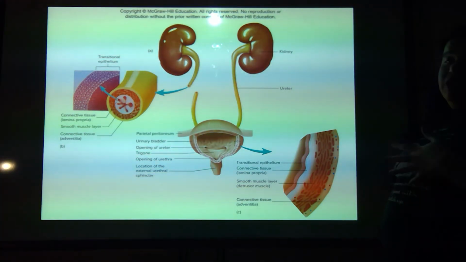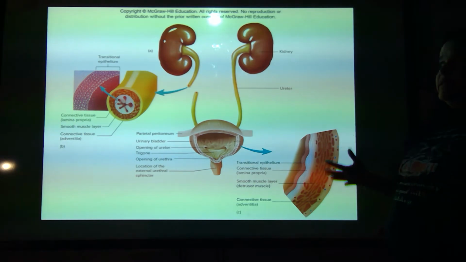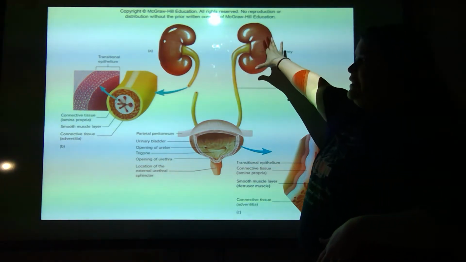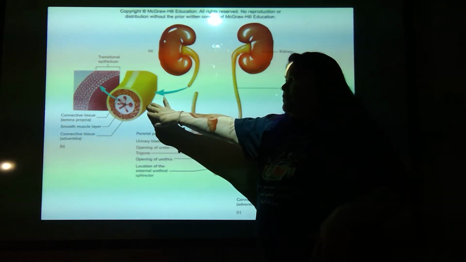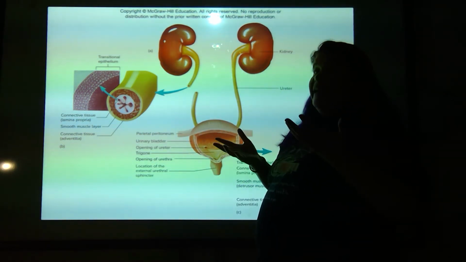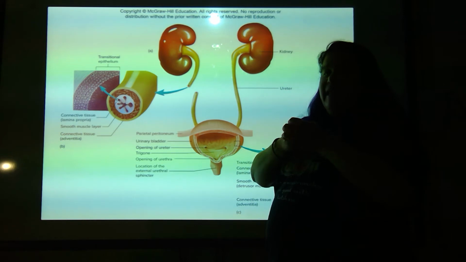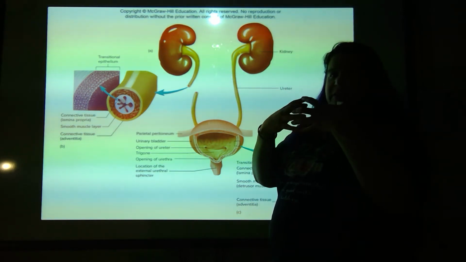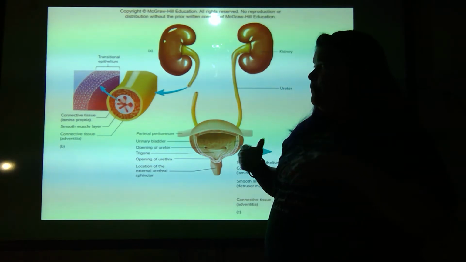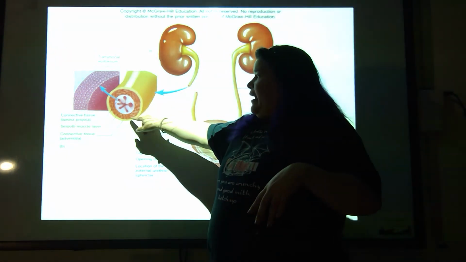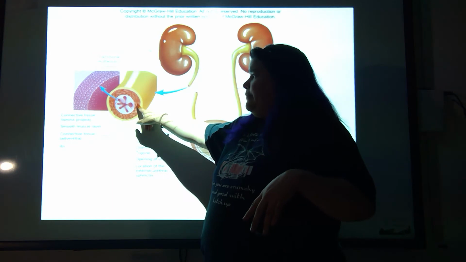Okay, looking at the whole system, we have the kidneys, the ureters. The ureters themselves are made out of transitional epithelium. They can slide the cells to make room for that fluctuation in volume. I also have a smooth muscle layer.